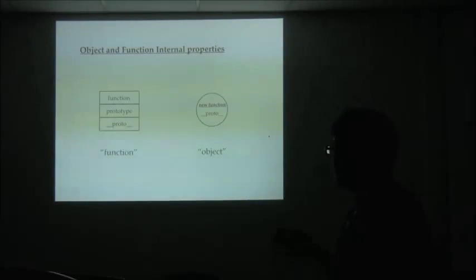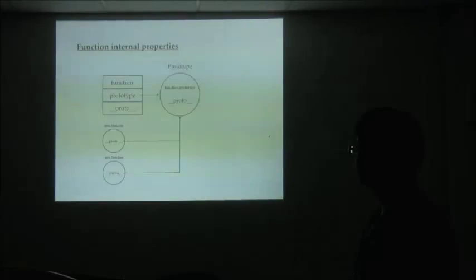Now, I just wanted to point out in this slide that every function object has two properties, prototype and proto, and every instance, which is really just an object literal, just has a proto property, and we'll see how all this connects.